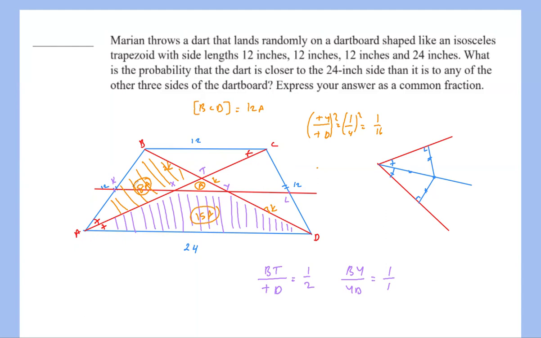So in total, we have 12 plus 24, which is 36A, right? Since we don't really need actual values of the areas, since we are looking for the ratio anyway, it's easier to use the area approach instead of finding those areas separately. And what we want was the 15A as our desired region. So if you divide by 36A, that should give us 5/12.